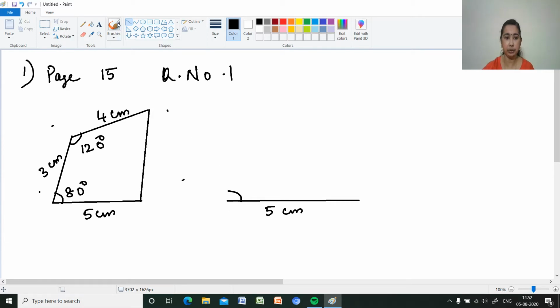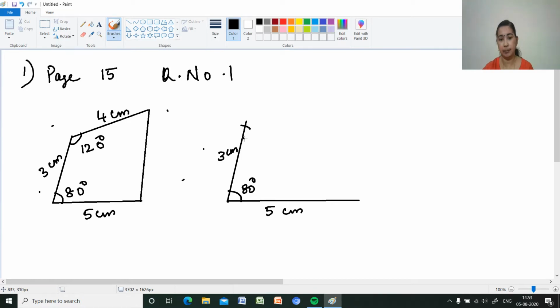So here you have to take 80 degree in the protractor. Then draw a straight line from there. This is the 80 degree angle. Next, that line should be 3 centimeter. So from here take the compass and cut the arc so that the length is 3 centimeter. Then from here again take 120 degree in the protractor.